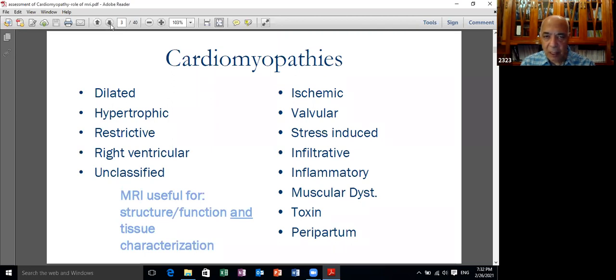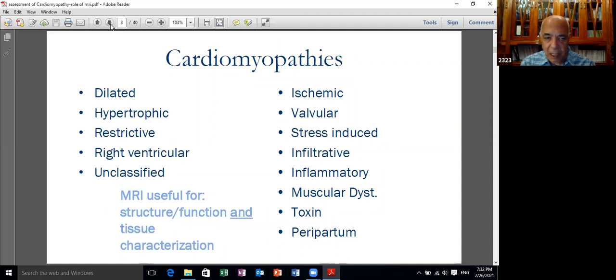As you see on the right side of this screen, we have an etiological classification for cardiomyopathy: ischemic, by far the commonest, but also valvular, stress-induced, infiltrative, inflammatory, muscular dystrophies, toxins, peripartum, and others. As well, we have a morphological classification: dilated, hypertrophic, restrictive, right ventricular, and unclassified.